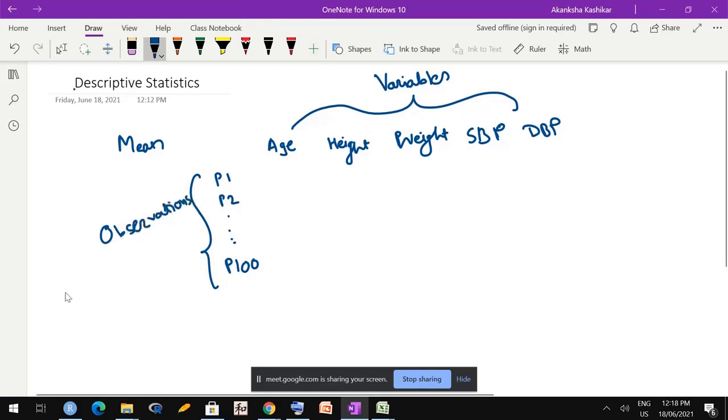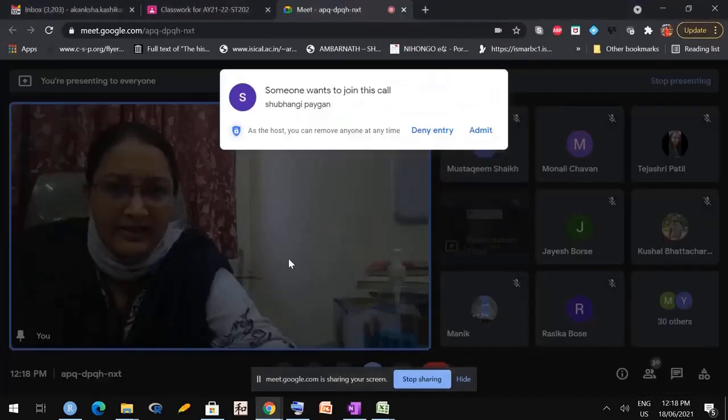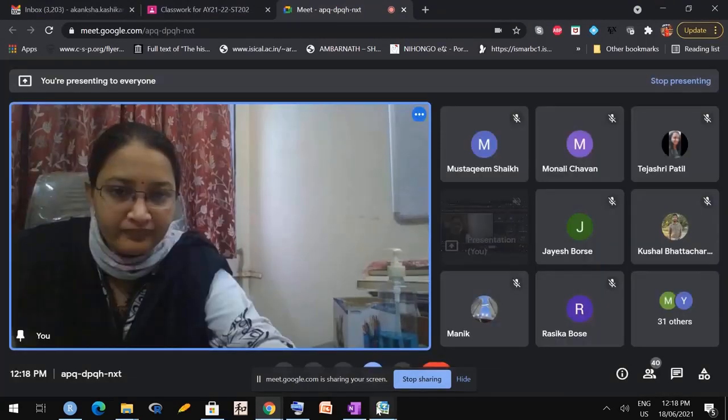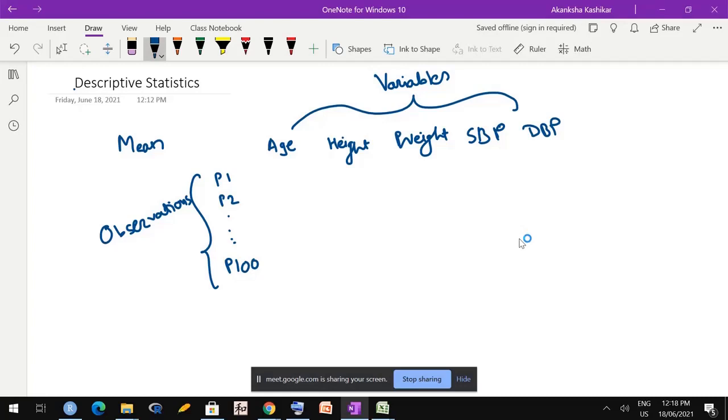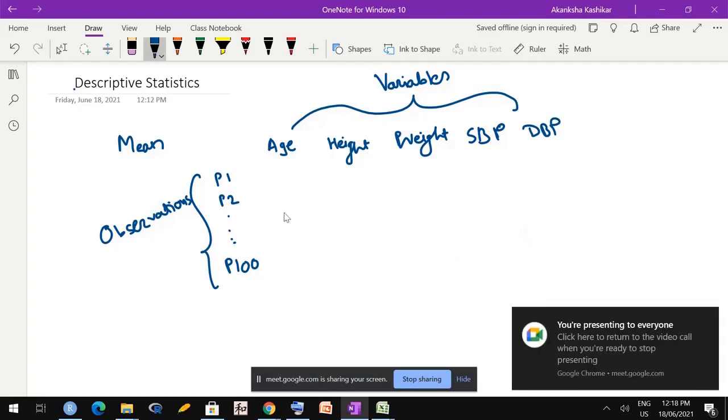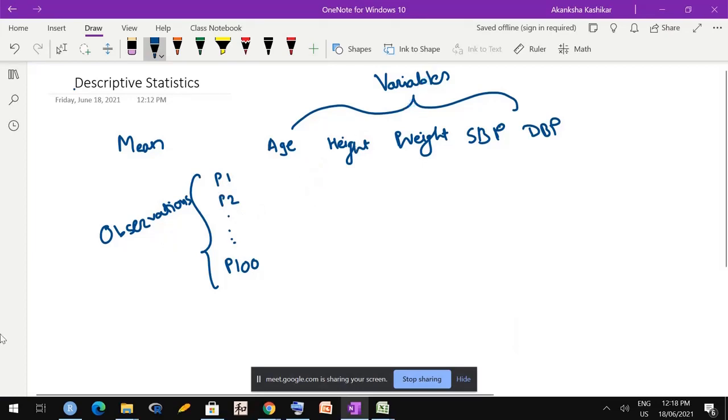Generally we arrange the multivariate data in this format. You have rows as observations, so every single row is one observation and every single column is one variable. This is how my data matrix is going to look like.